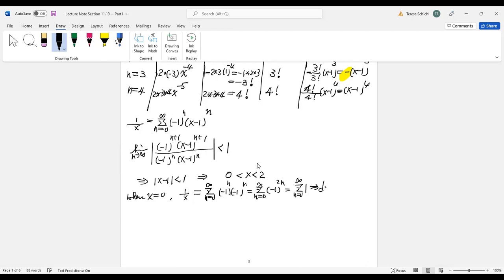So this is a divergence, because the limit of a_n as n approaches infinity of 1 is not equal to 0.